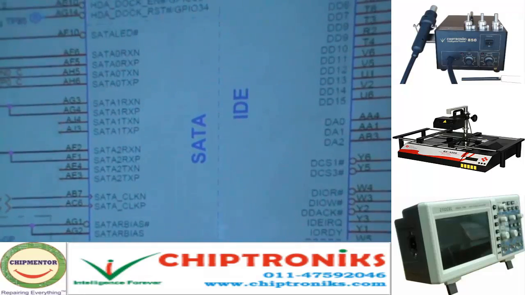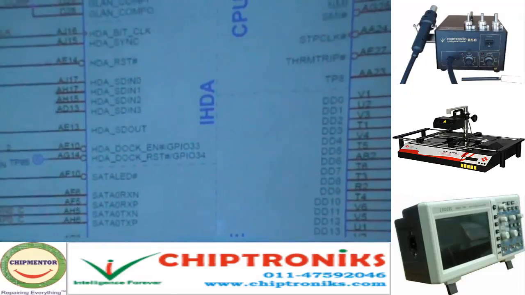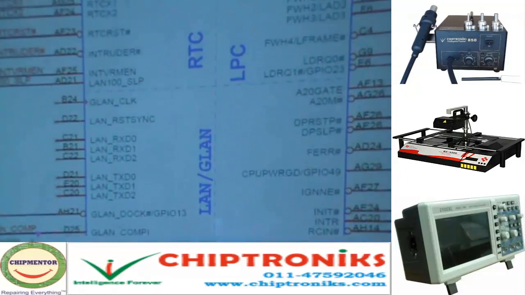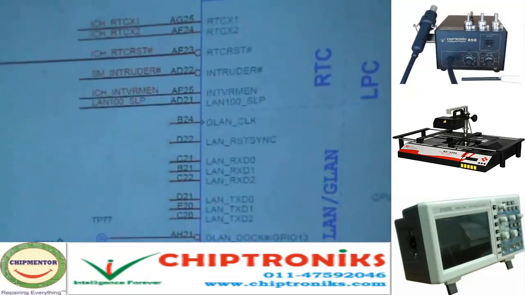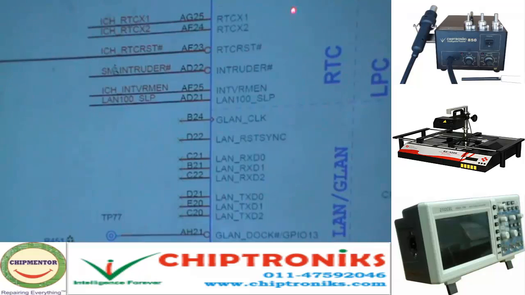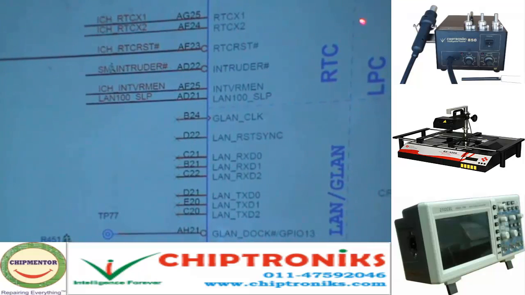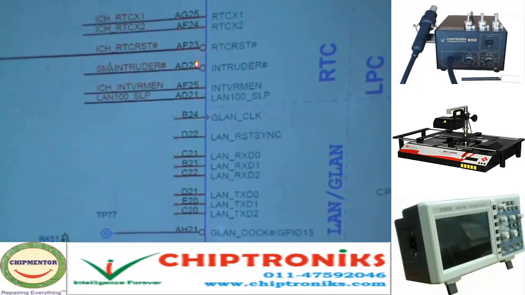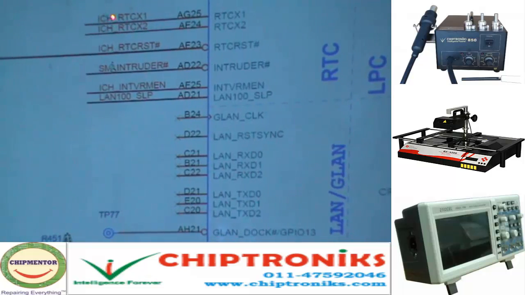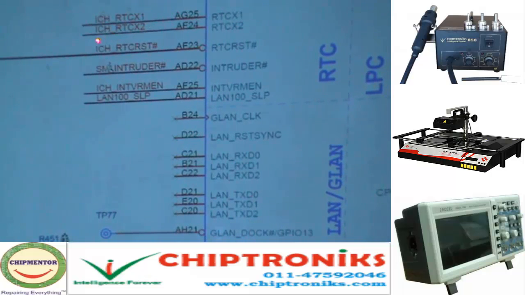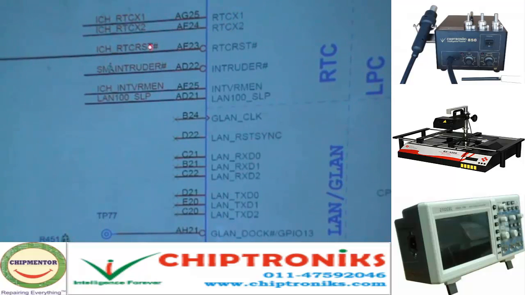So if your CMOS battery is dead, then your board gets dead. So while testing the board, the first step is to remove the CMOS battery. The important signals are ICH_RTCX1 and X2, fed from the crystal, and this is coming from the CMOS battery.